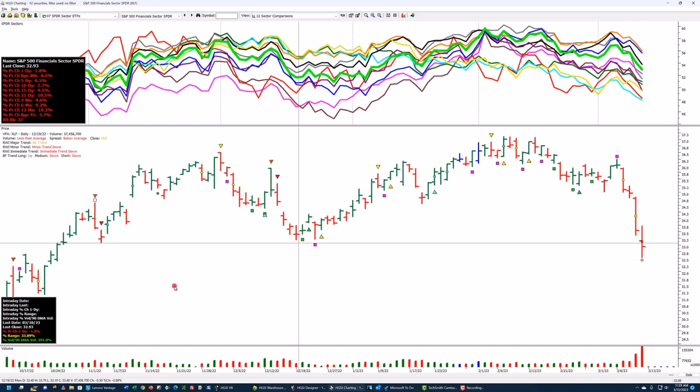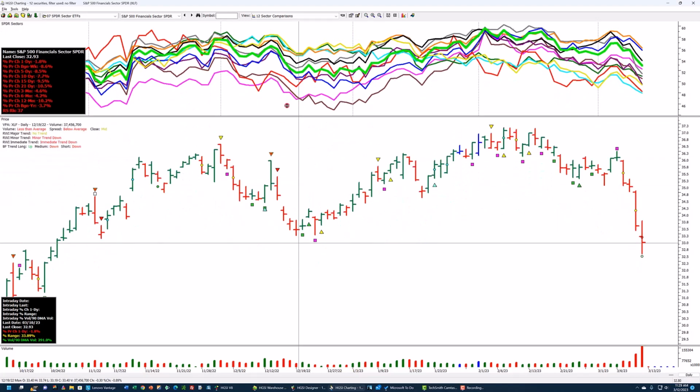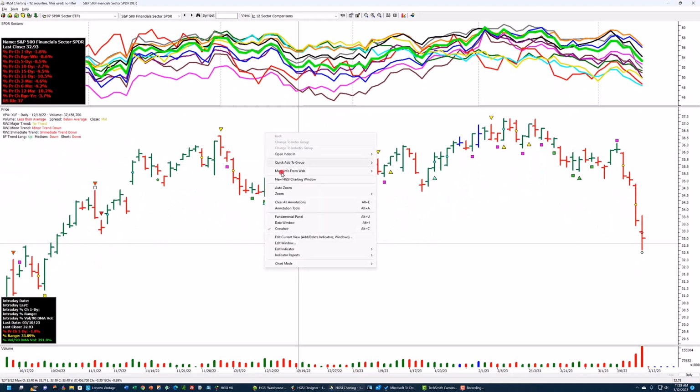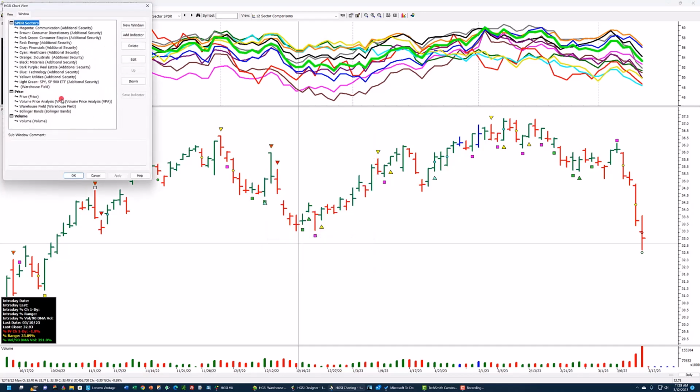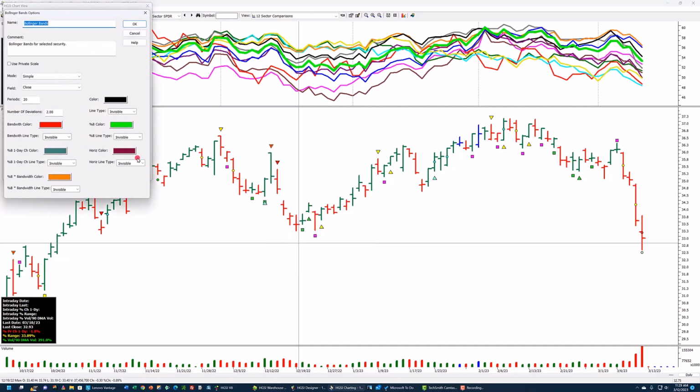But this is just a clean chart with VPA and the sector comparisons above it. Kind of a handy chart, and if you want to, you can edit this current view. I put Bollinger Bands in here.